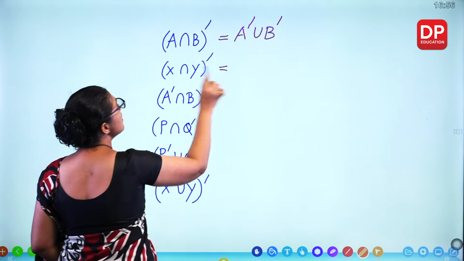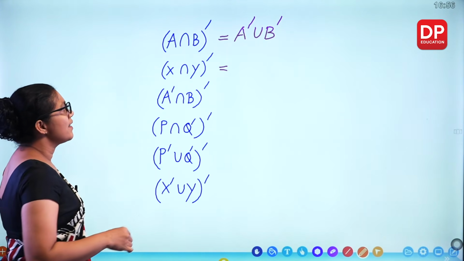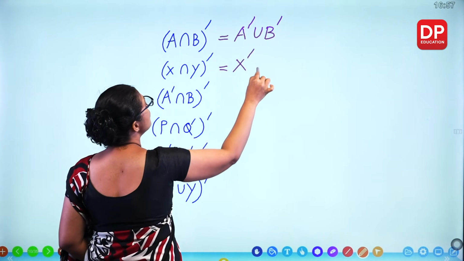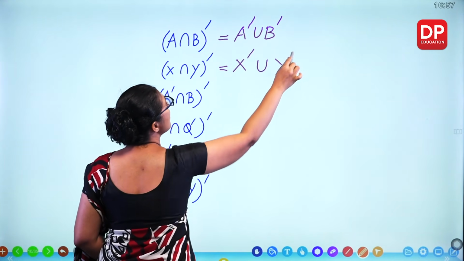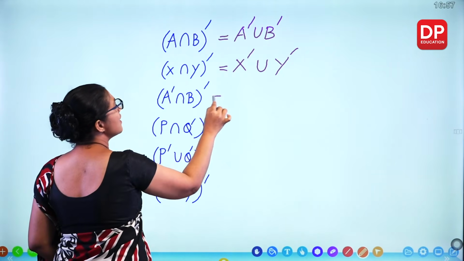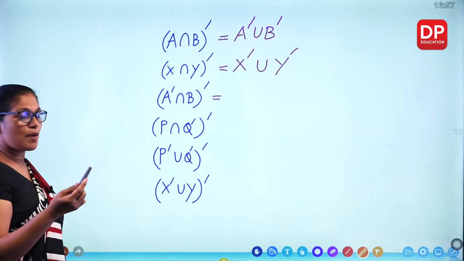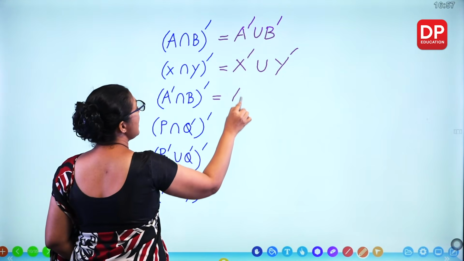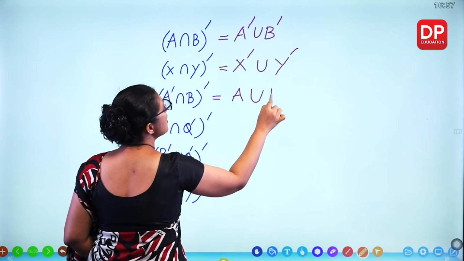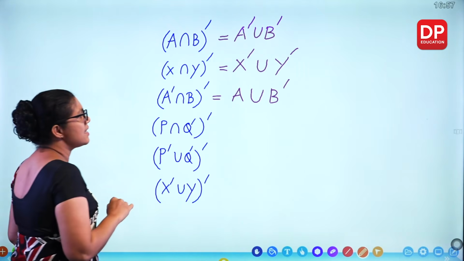This one, X intersection Y, I can write X dash union Y dash. Now A dash is there. A dash dash becomes A, intersection becomes union, B dash.